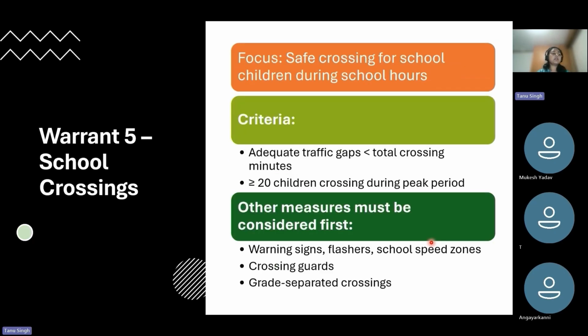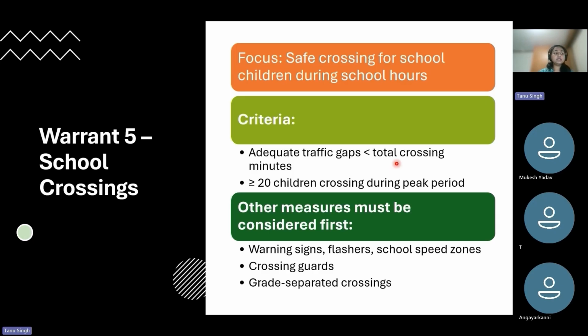Then coming to warrant 5. Warrant 5 is about children crossing roads near schools. So here the safety is critical. The criteria used is that there is an inadequate traffic gap which is less than the total crossing minutes, and it is greater than or equal to 20 children crossing during the peak period.